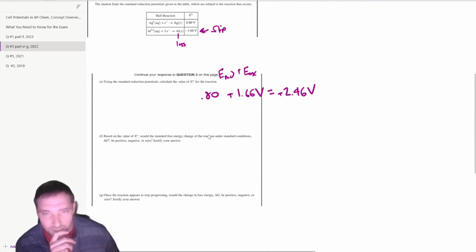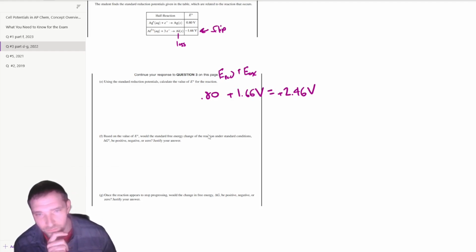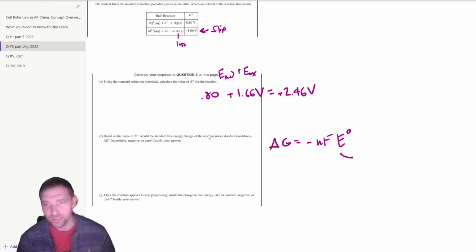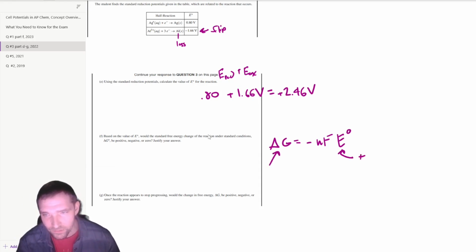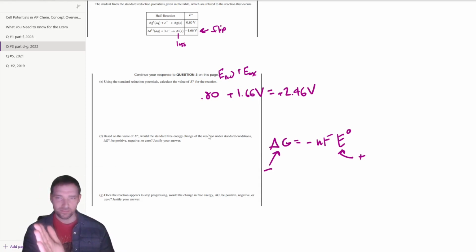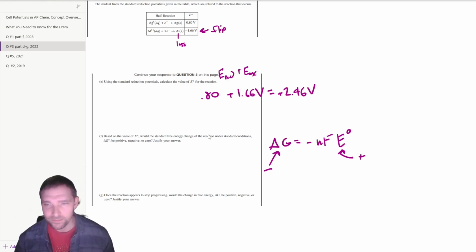So the standard free energy right here, if we're doing the change in G, that's minus nF times the cell potential. Because we know that this was a positive cell potential, the standard free energy for this should be negative. So if we're saying that Q is 1, this thing is like, okay, go ahead and go forward. I will spontaneously do this.